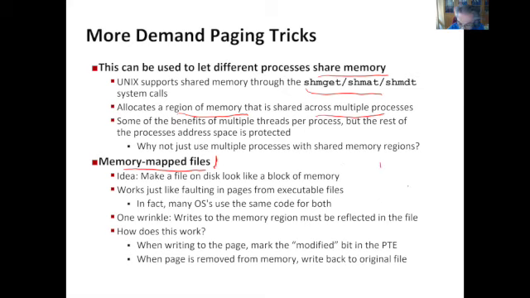This is your page table, and in memory, let's say I want to memory map a file, and that file has a block here, say block 5. And what you do is, in my page table, I have my executable and so on.